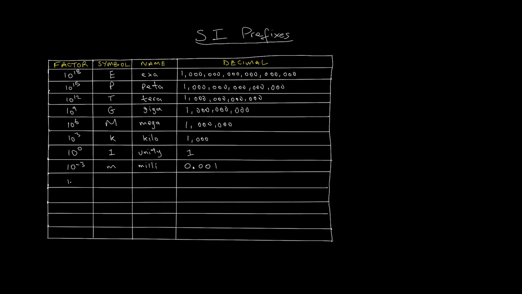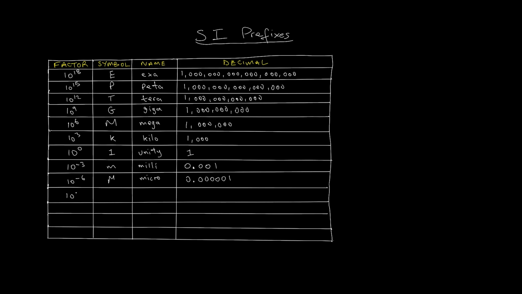Then we can go for 10 to the minus 6. A lot of you know this as micro. 6 zeros here. There's 1, hit the point, do the other 5: 1, 2, 3, 4, 5, and then put a 1 in.